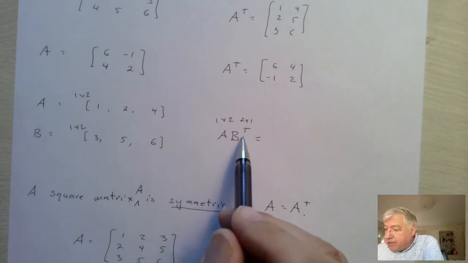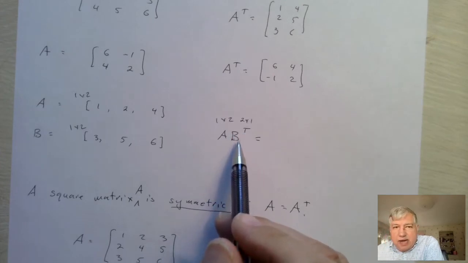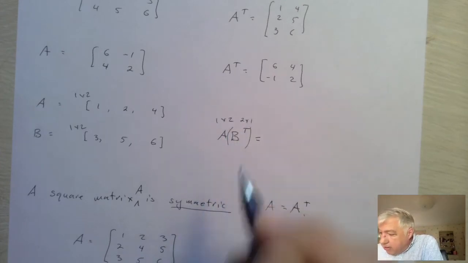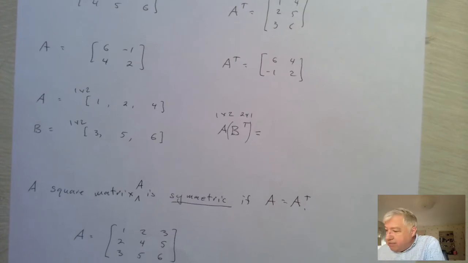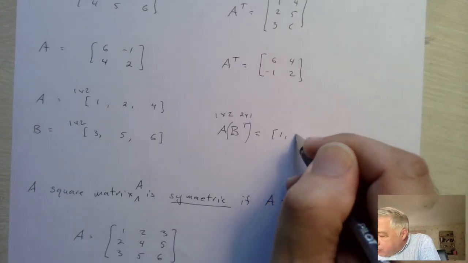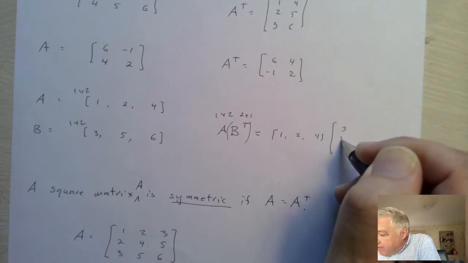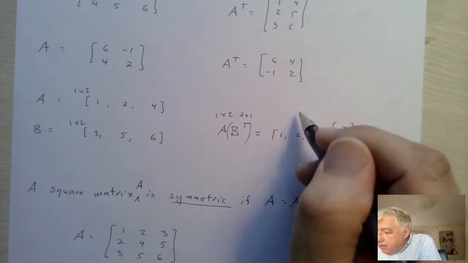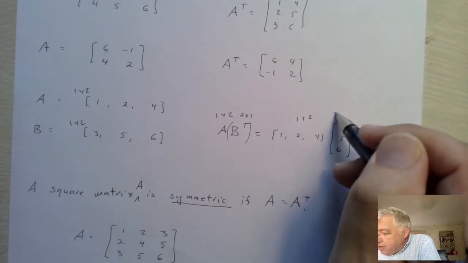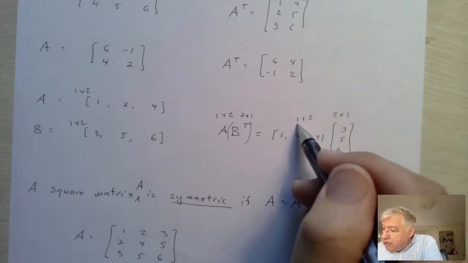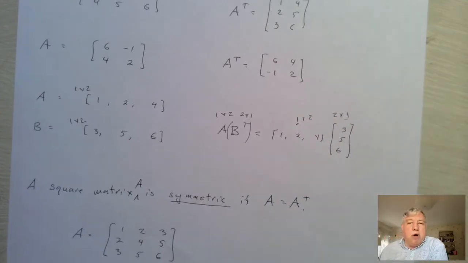By the way, this T applies just to the B, not the A, so we're really multiplying A times B transpose. What's that going to be? It's [1, 2, 4] times [3, 5, 6]. This is a 1 by 2 and this is a 2 by 1, and so the result is just going to be a 1 by 1 matrix.